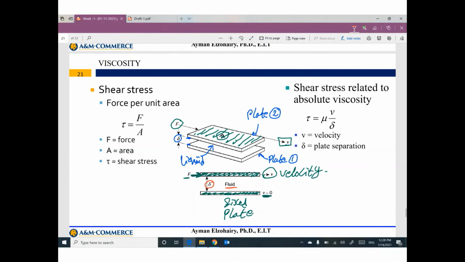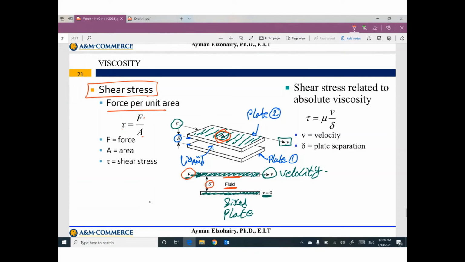That means we have shear stress between the two plates. This shear stress equals F divided by area, this force divided by the area of this plate. If you divide this force by this area, you can figure out the shear stress between the two plates, or between the fluid and this plate.